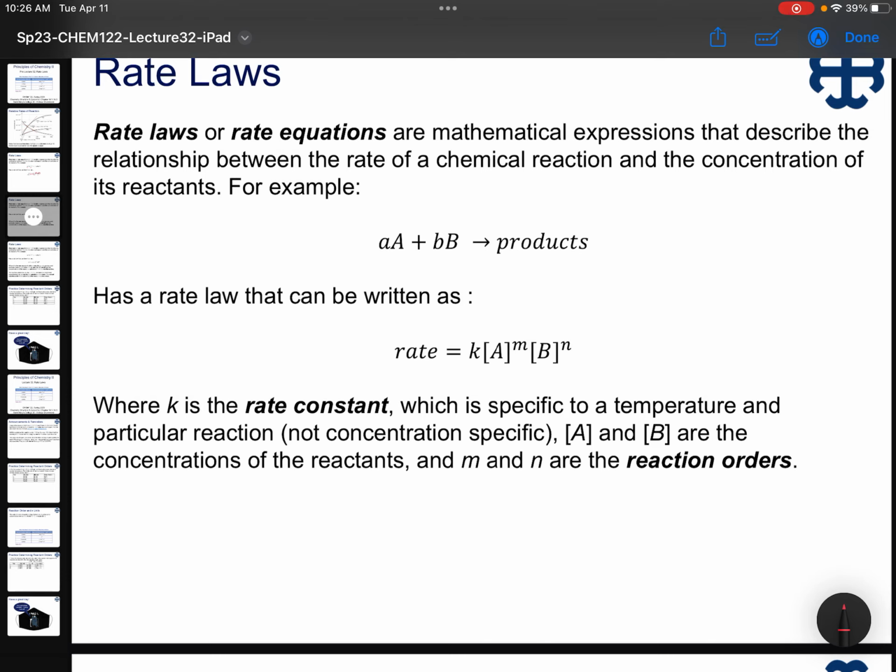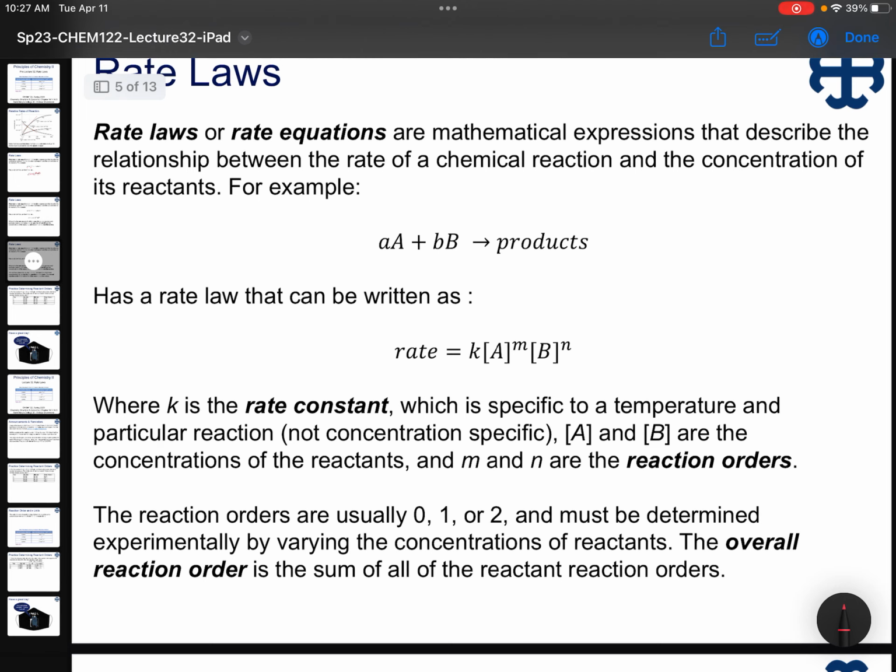So in what we talked about before break, our rate changed as a reaction progressed. Our rate constant is always going to be the same, no matter what our concentrations are, as long as we're at the same temperature. And then m and n, in addition to being exponents, we would call them reaction orders.